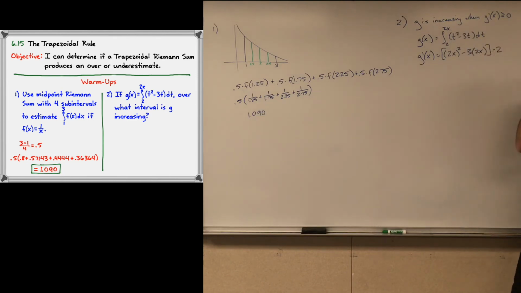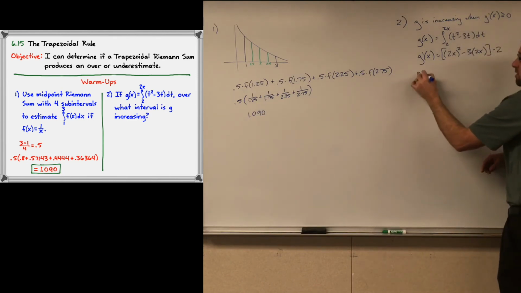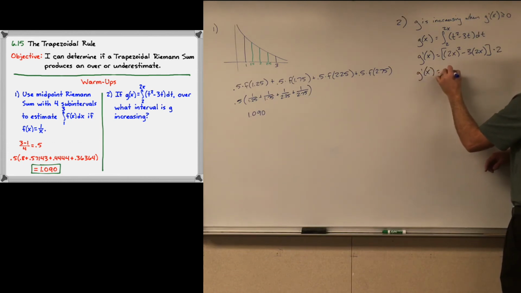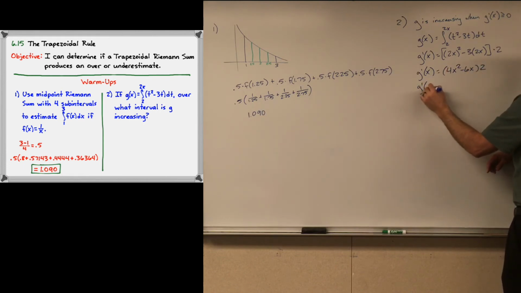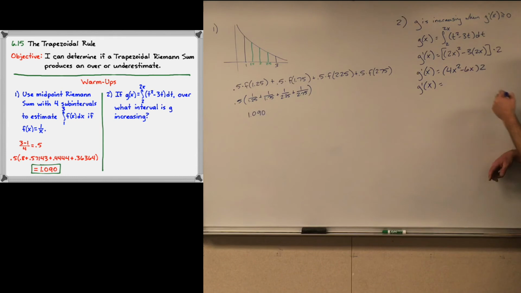You guys okay with this? Let's simplify this a little bit. G prime of x equals 4x squared minus 6x, and then times 2. And then I'm going to factor that. Take out a 2 and an x, so we get 4x times x minus 3. Are we okay with this?